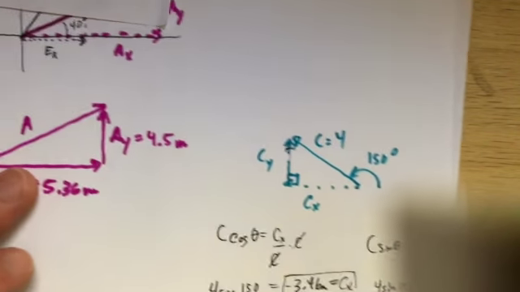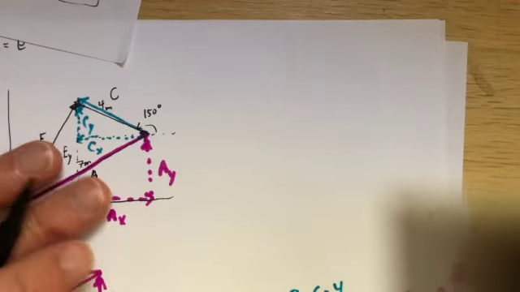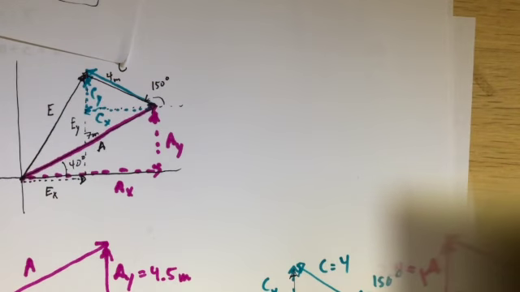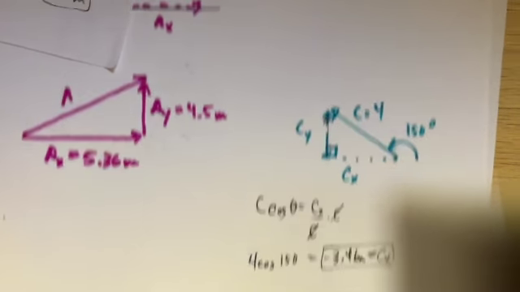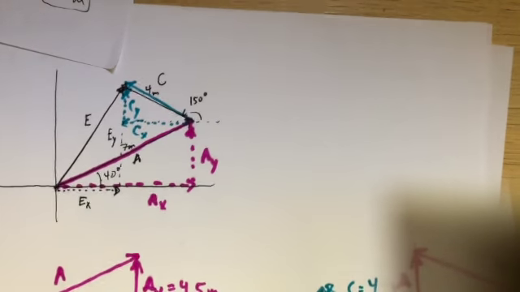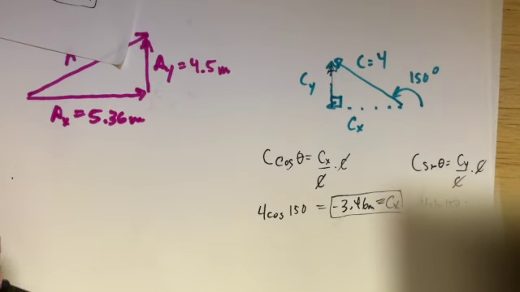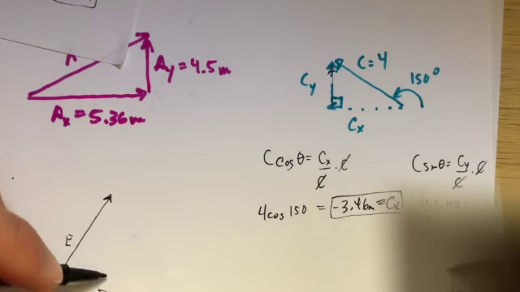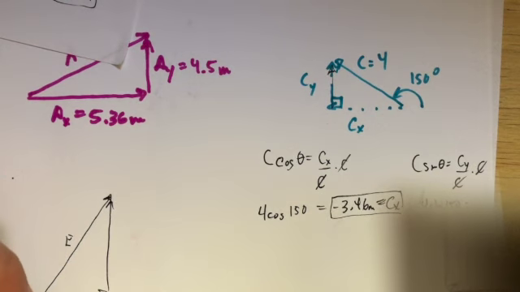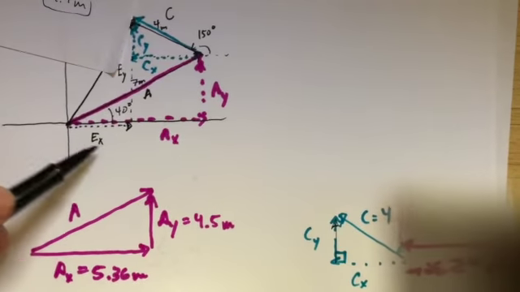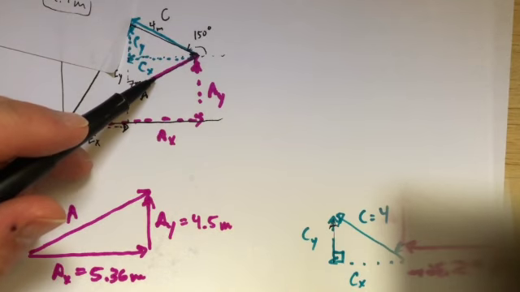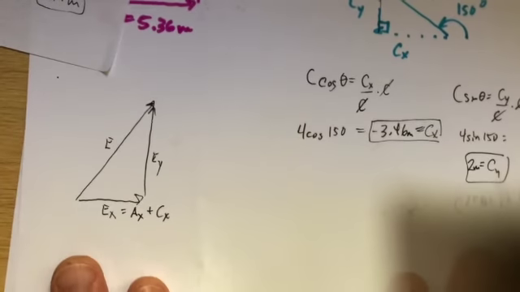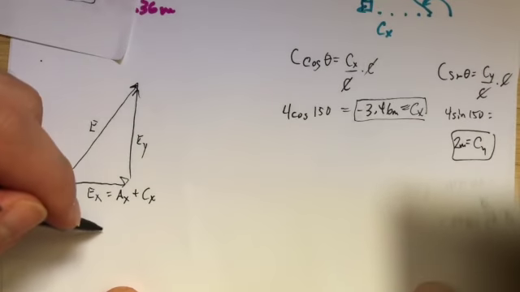Okay. So we've got numbers here. EX, if I pull this triangle out, will look like this. And EX is going to be AX plus CX. So let's put those numbers in.